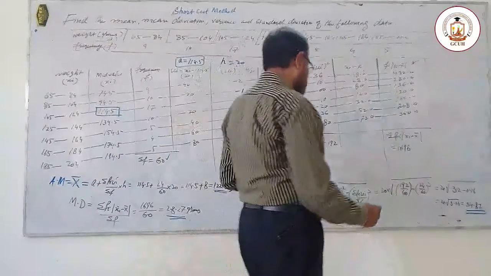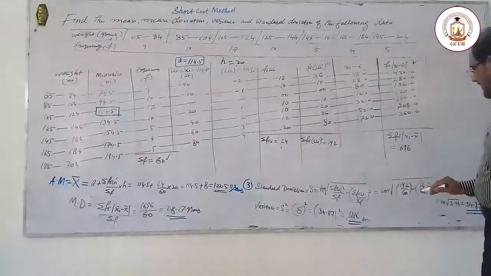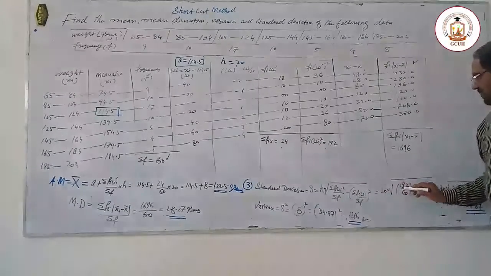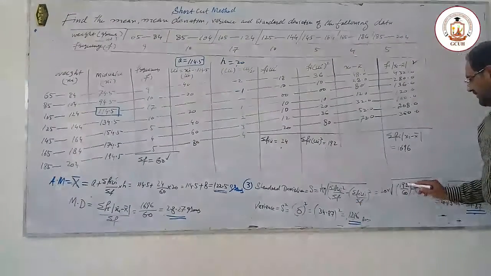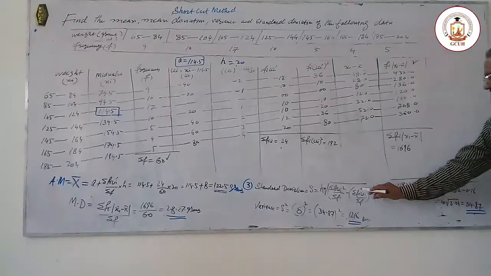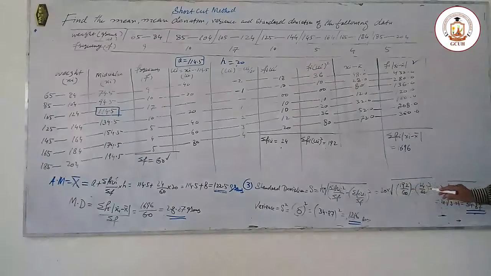So after substituting the corresponding values in the formula, h is 20 and this value is 192 upon 60 minus 24 upon 60 whole square. After calculating, we get 3.2 minus 0.16, and in the last we will get 34.87. This is our standard deviation.